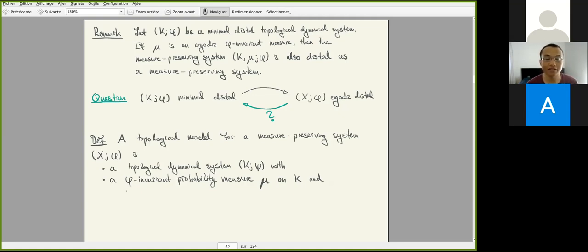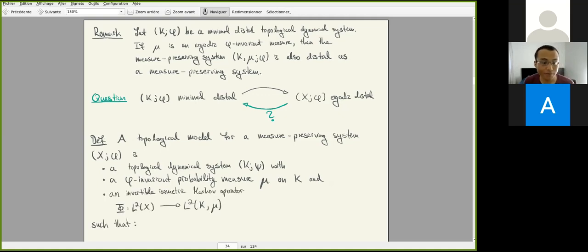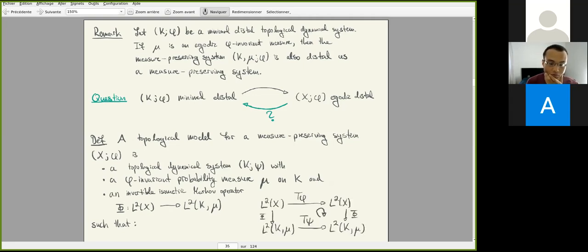It can do exactly the same things that you need, because usually you always end up working on the functional analytic level. So it reads as follows: you have an invertible isometric Markov operator from L2 of X to L2 of K with respect to mu, such that, again, some diagram commutes.